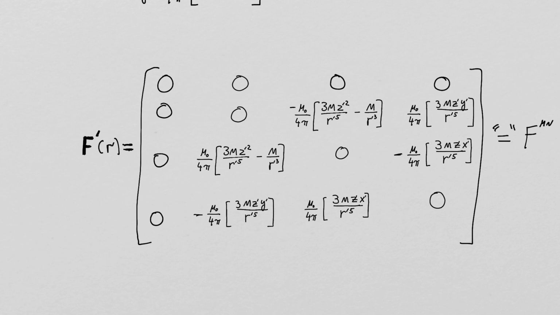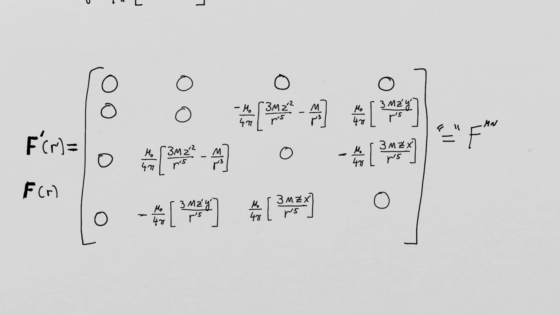And now it is our job to discover the electromagnetic field tensor in the unprimed system. So we're going from the prime to the unprimed system. So let's do that.